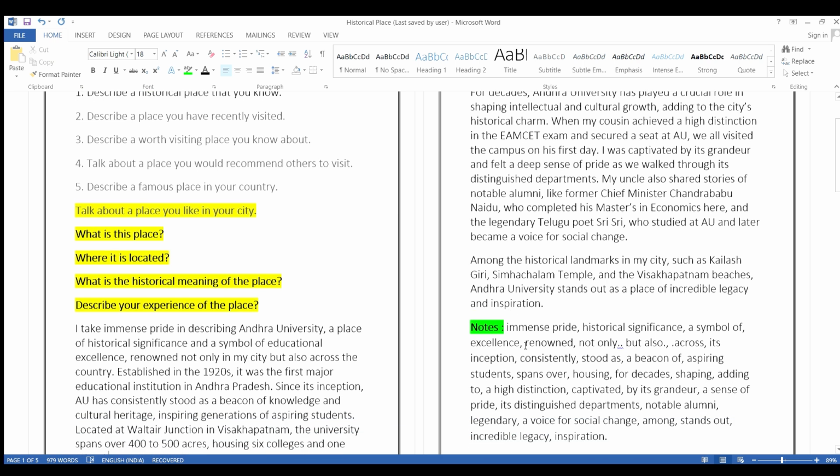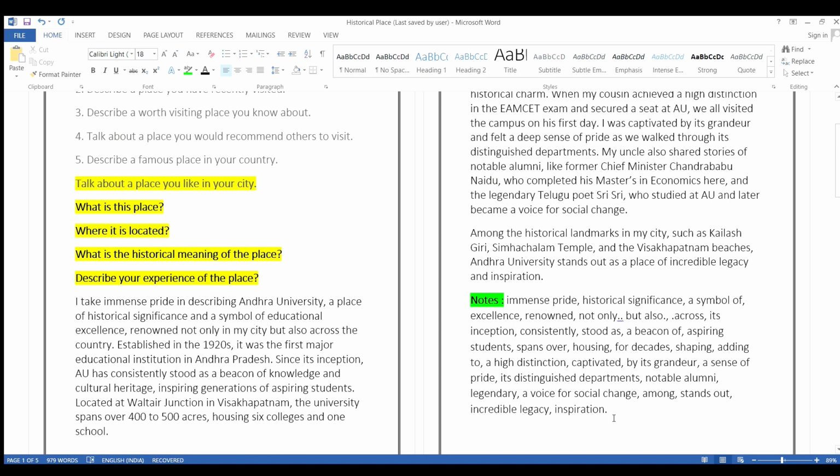Now, here is the list of adjectives which you can use in your own sample answer, which I was highlighting in the sample answer while reading. So, here we go. Immense pride. Pride is happiness. How pride? It is a great pride. So, for great, the word is immense. Historical importance is changed into historical significance.